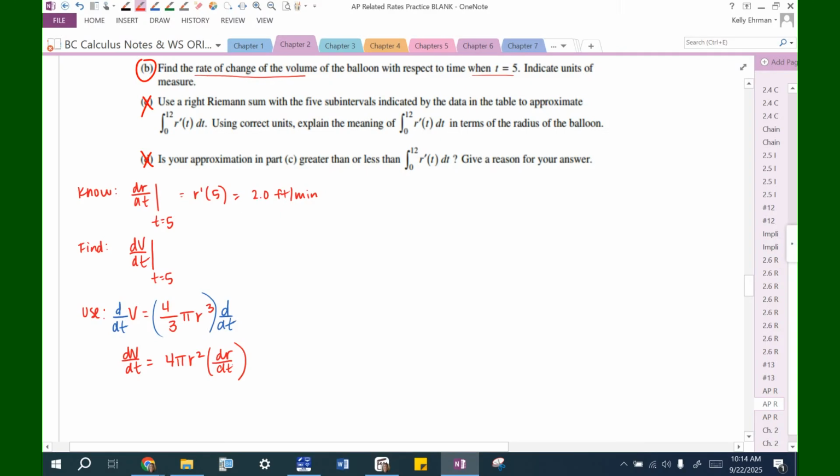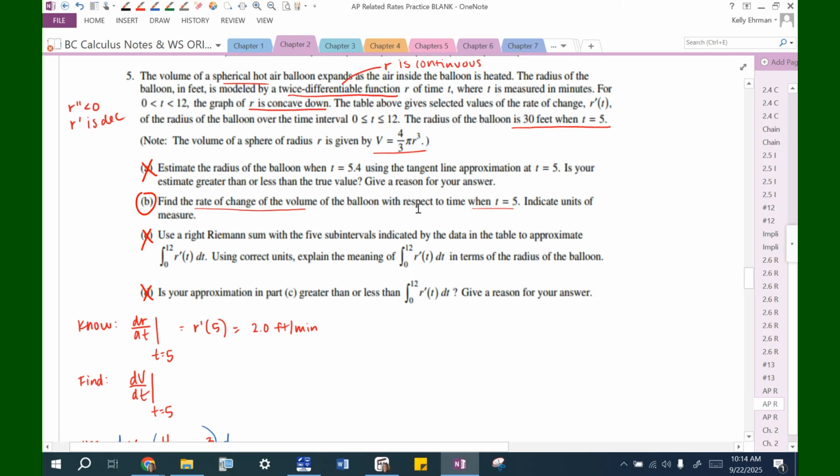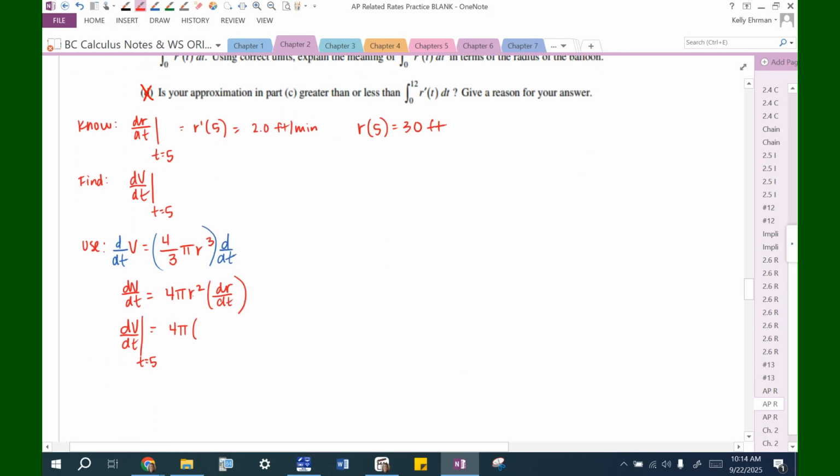And remember, we know dr dt, so dv dt when t equals 5 is 4 pi times, what's the radius? Somewhere it told me what the radius was. Oh, here we go. Let's add that to our known pile. We also know that r of 5 equals 30 feet. So 30 squared is going in for r, and dr dt is 2.